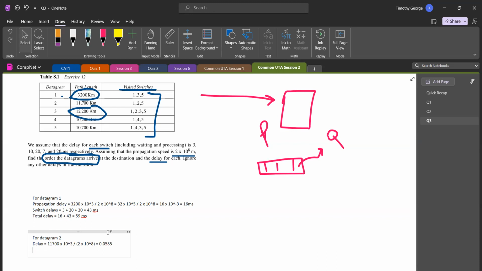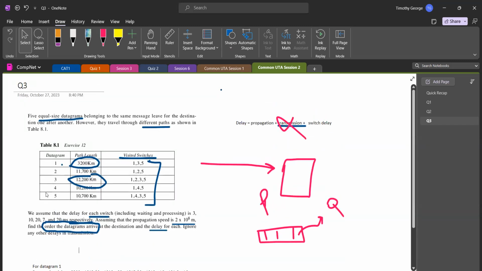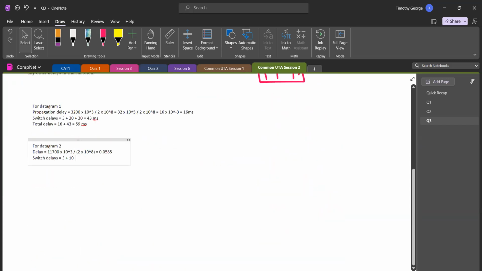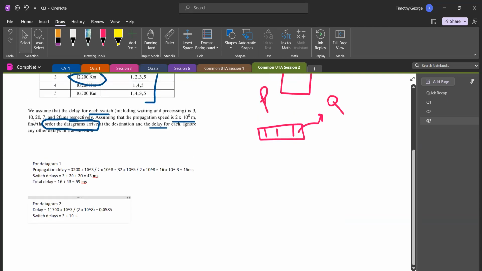And then the switch delays: switches 1, 2, and 5. So 3 plus 10 plus 20 is 33 milliseconds.